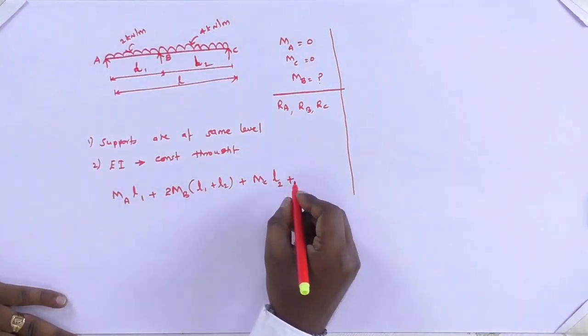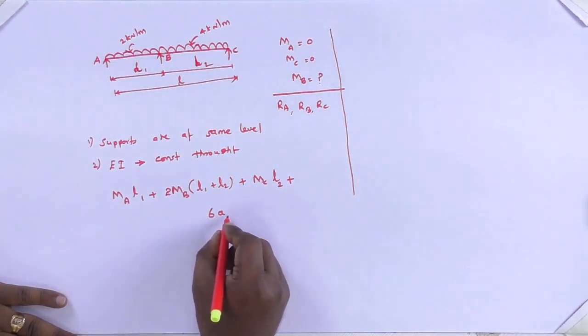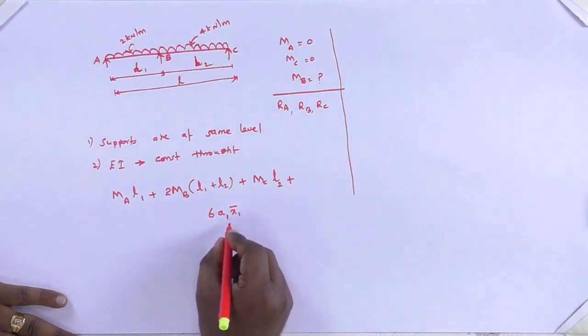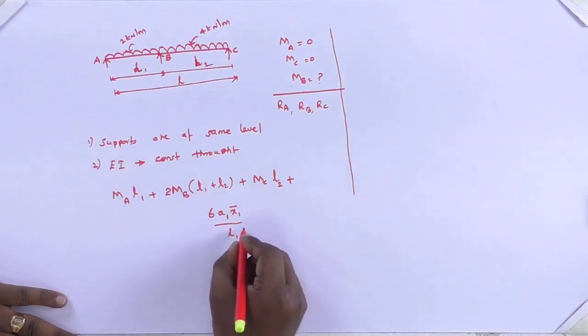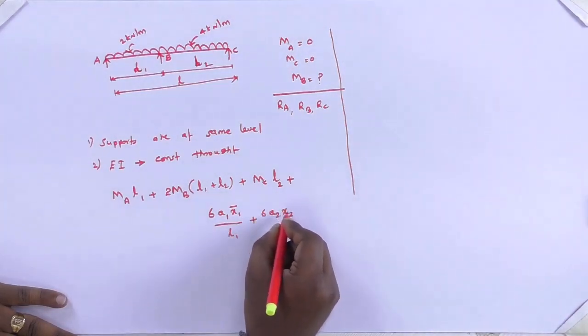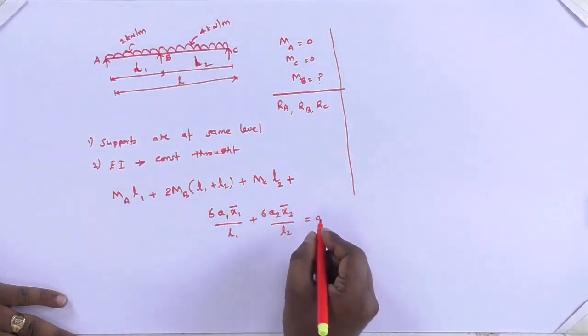plus 6 into A1 x1 bar divided by L1 plus 6 A2 x2 bar divided by L2, that is equal to 0.